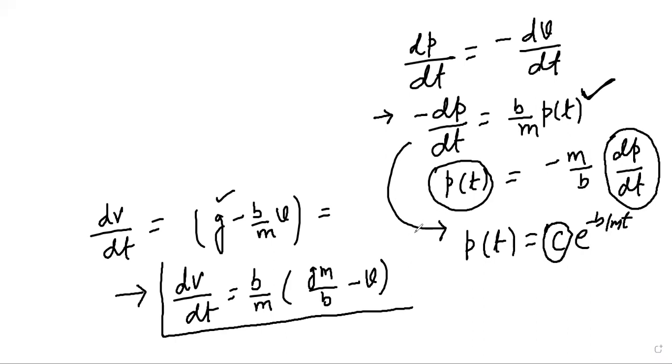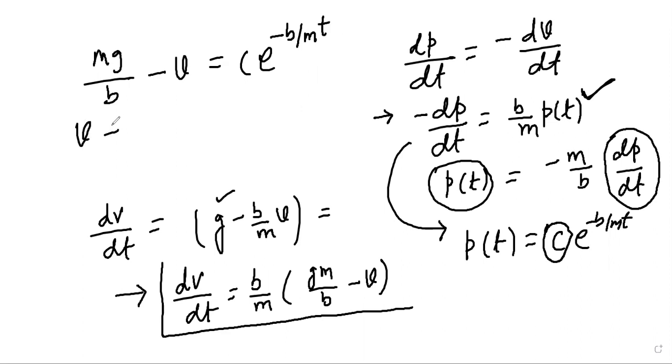We have mg by b minus v is equal to p(t), and the value we have already found for p(t) is c e to the power minus b by m t. So from this we can write v is equal to mg by b minus c e to the power minus b by m t.